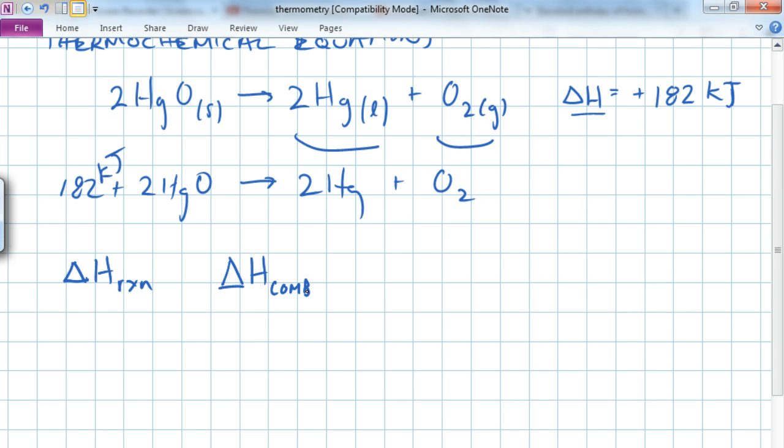So, for example, you'll find tables that list the so-called heats of combustion for various compounds, maybe different alkanes like propane and butane and hexane. You might see that around, and again, this would be called the heat of combustion.